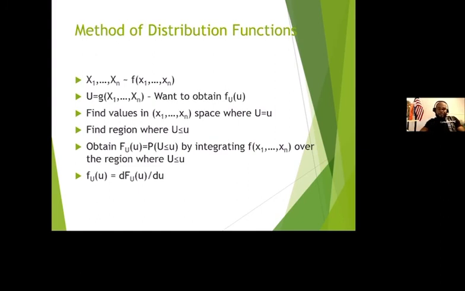Because if x is a random variable, and a new variable can be expressed as a function of x, that new variable is also going to be a random variable.